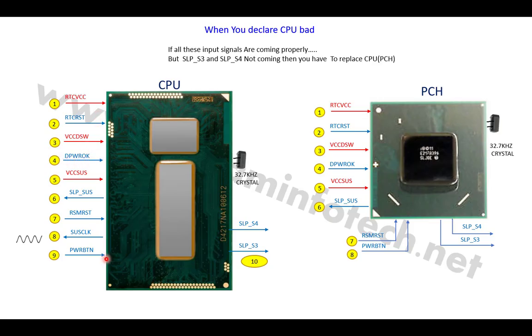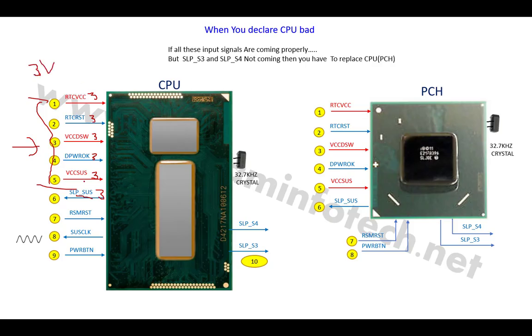Wherever these are red, the red colors are the supply or the voltage and the blue colors are the signals. But everywhere you should get 3 volt, like here 3 volt, here 3 volt, then 3 volt, then 3 volt, then 3 volt. So these are the only output signals. All these up to here are the input signals, and all the signals are 3 volt.